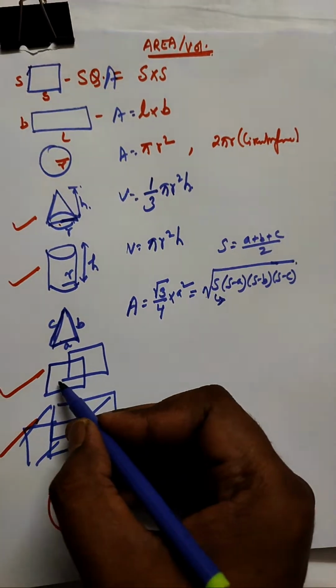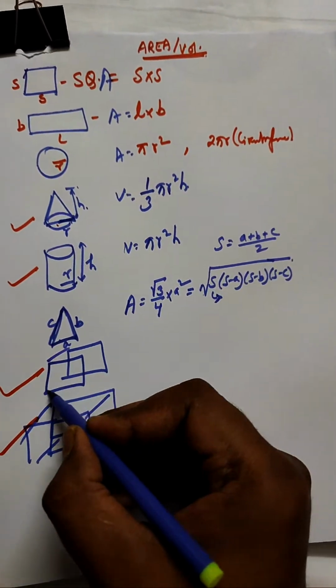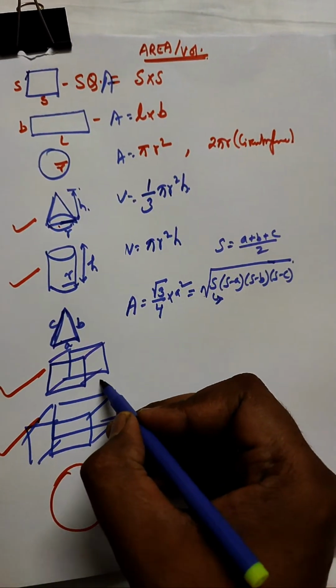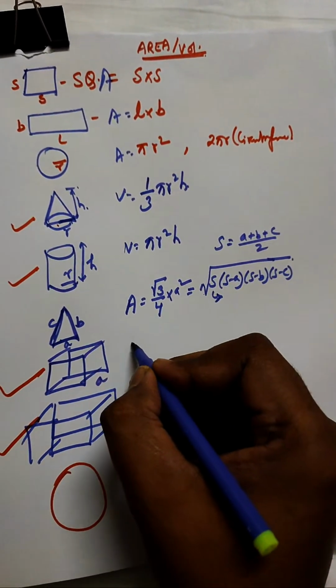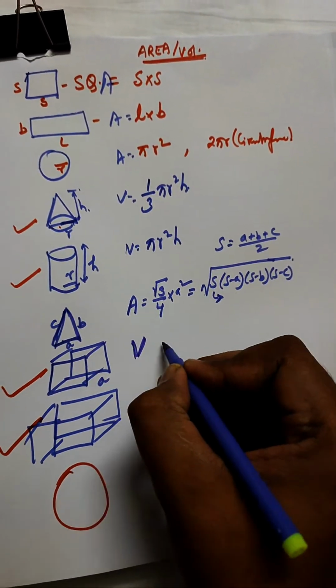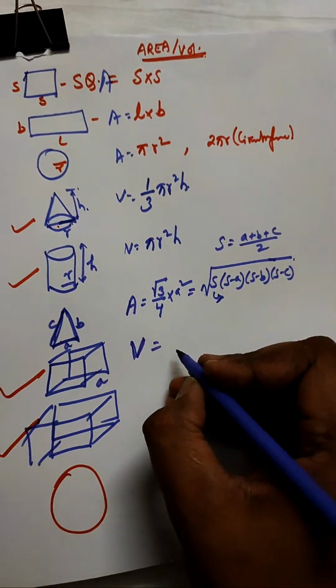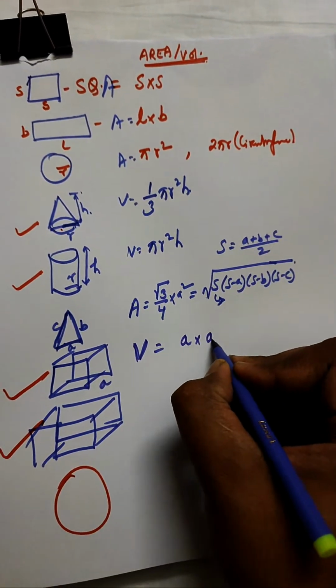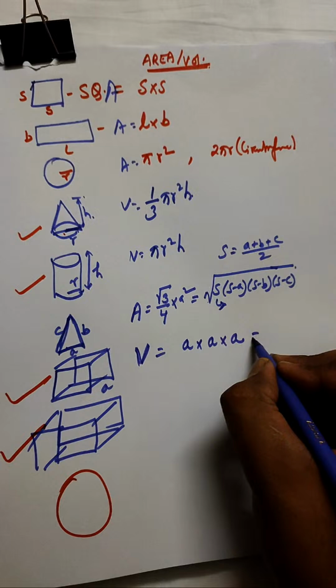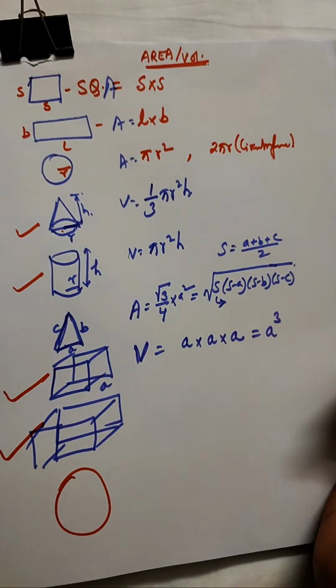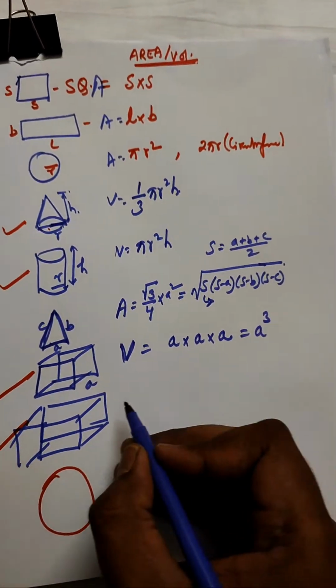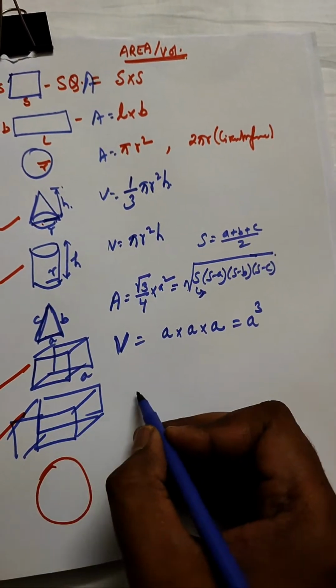Now if we have a cube with side a, then we calculate the volume of the cube. Volume of the cube is side into side into side, that is side cube, edge cube, right? What is the volume of a cuboid?